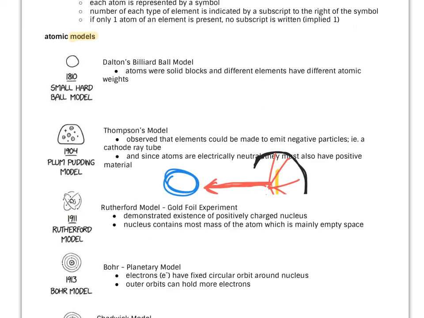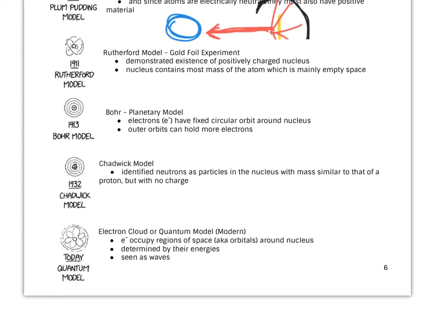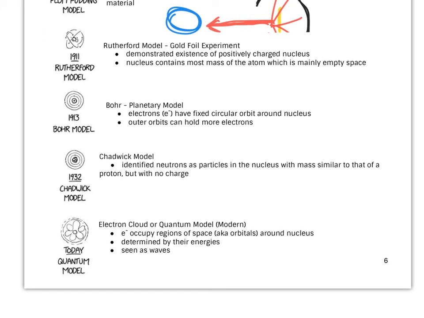So that was a revolutionary experiment in the atomic models, because it did come a long way. But then in 1913, Bohr came up with the planetary model. Going off of what Rutherford said, that there's a dense positive center in the middle, he kept that idea.